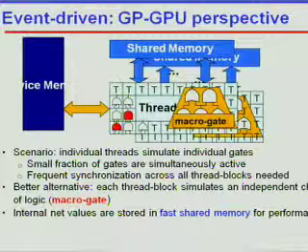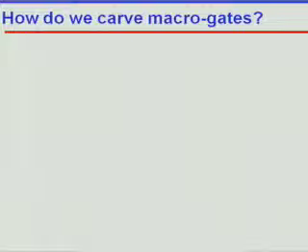So how do we get a better granularity? We group each thread block to simulate a macro gate, which is an independent chunk of logic. And the internal net values are stored in faster shared memory for performance. That's also a benefit of the macro gate.